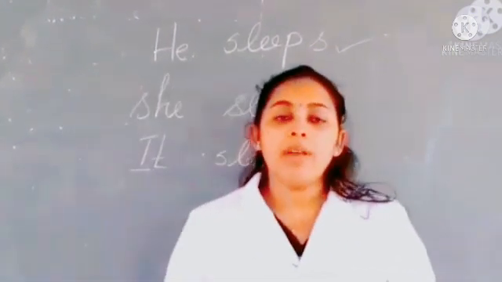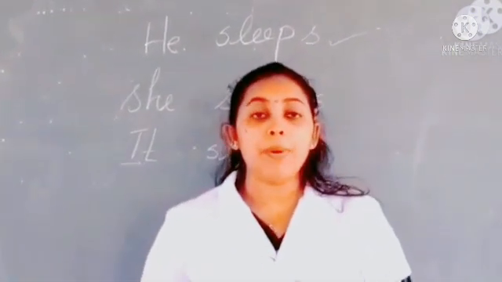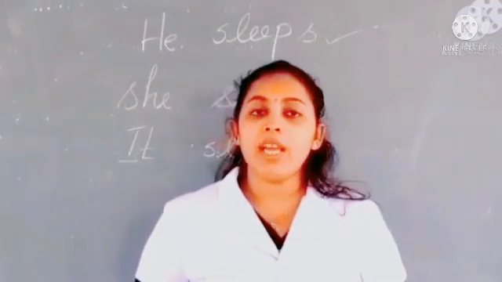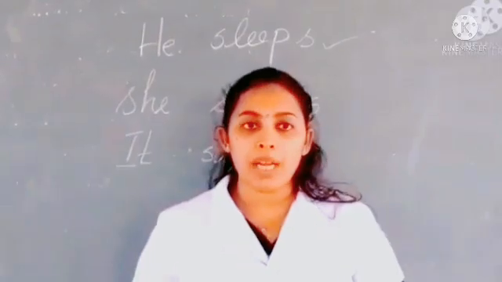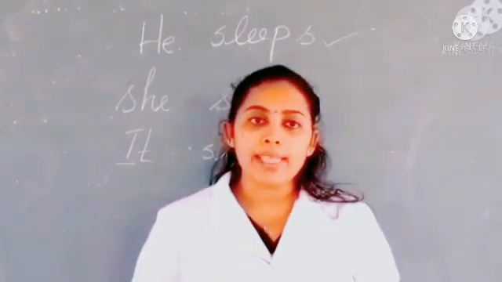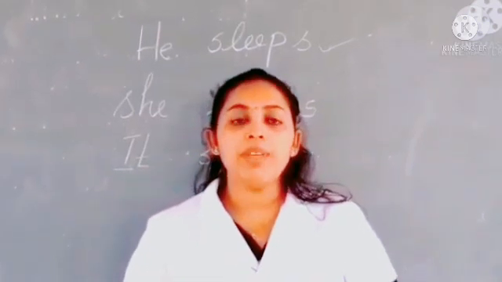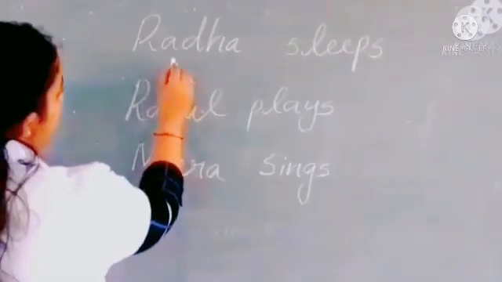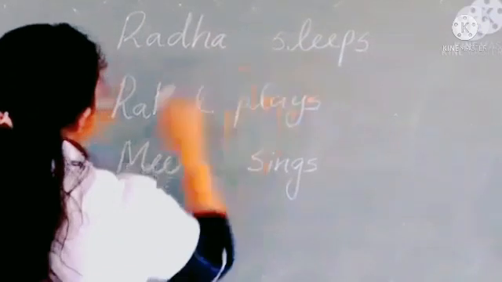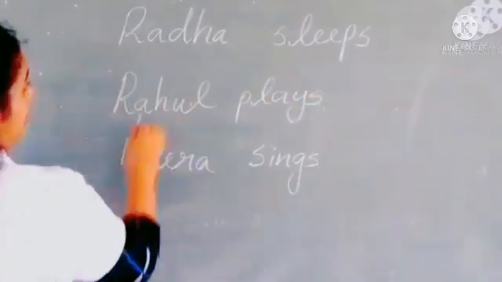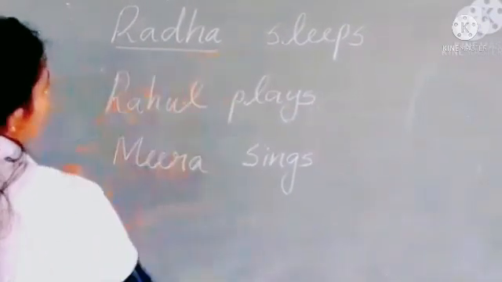And children, when we are using the verb with a proper noun, we need to add s with the verb. We can see the example. Here first one, Radha sleeps. Here which is the proper noun? Radha is the proper noun.